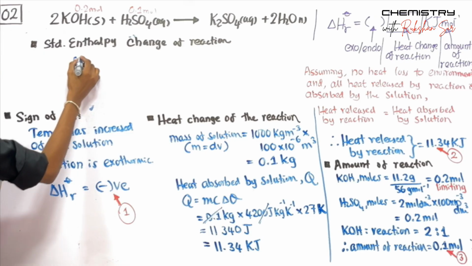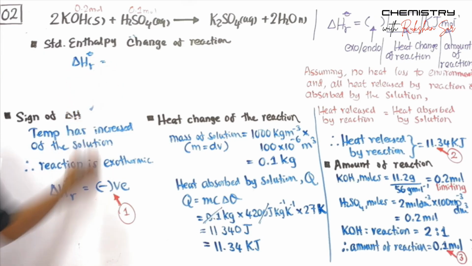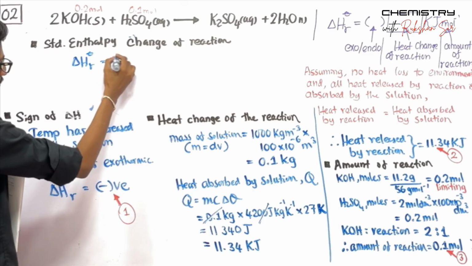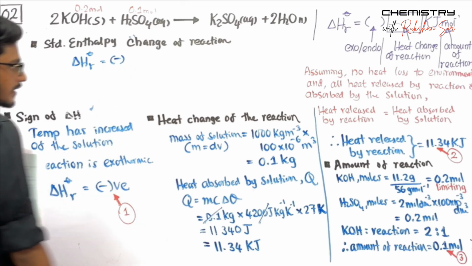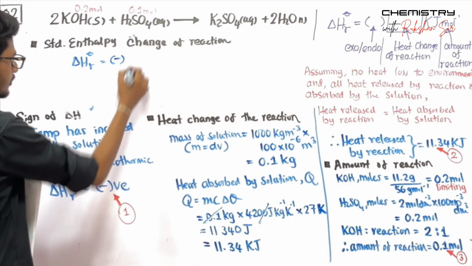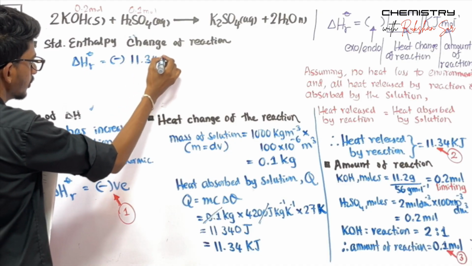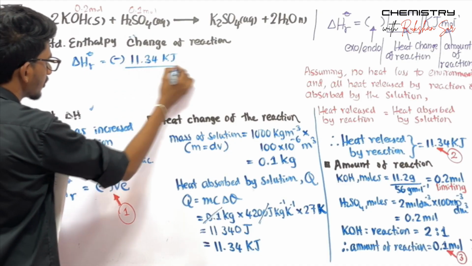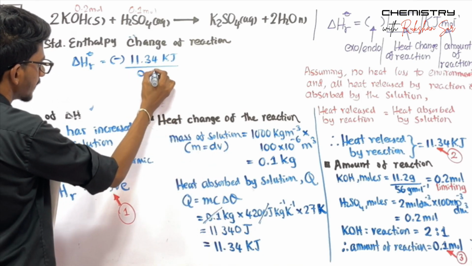Delta H naught R is equal to, the sign is negative, right? The heat change involved is this much, 11.34 kilojoules, and the amount of reaction is 0.1 moles.